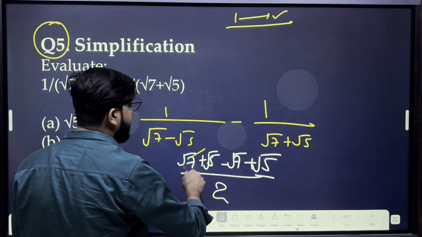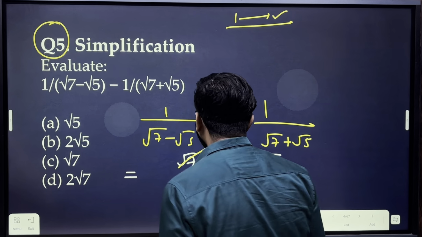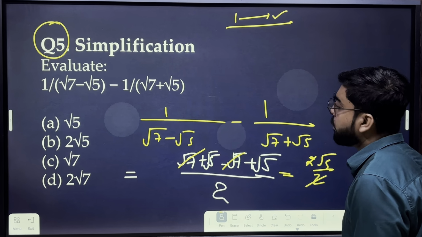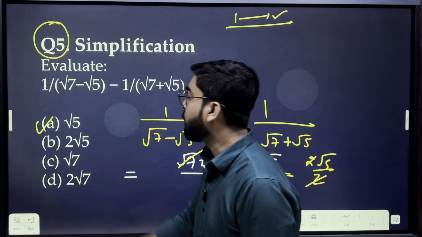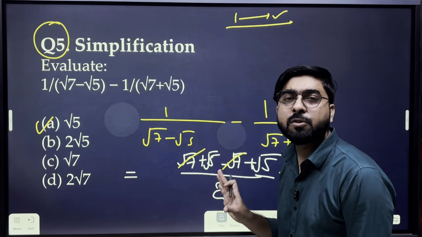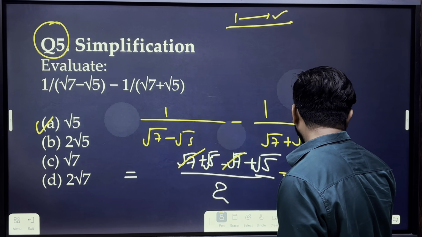Here you can see that this value is deducted, and then 2 root 5 by 2 is left. 2 and 2 divided, then the answer is root 5, option B. This is a very easy question of rationalization only, nothing is tricky here.